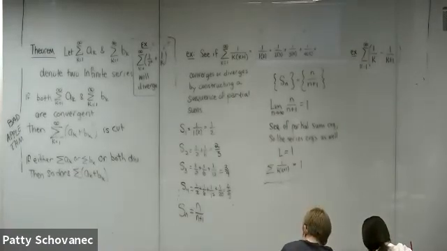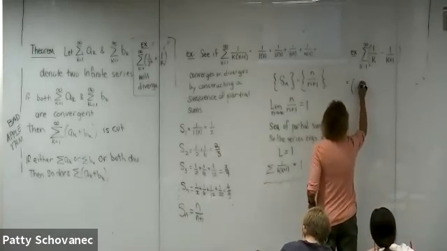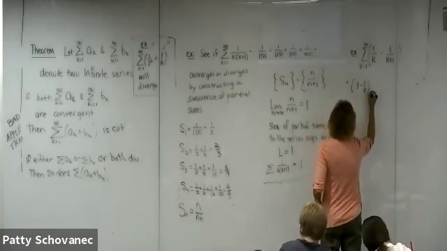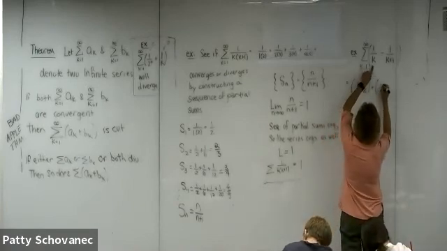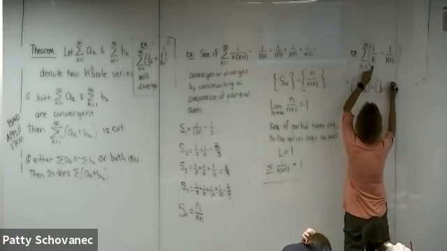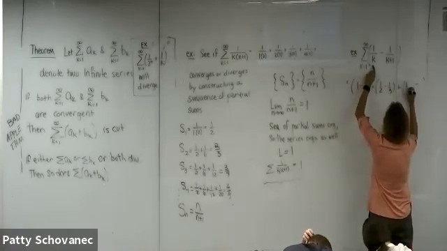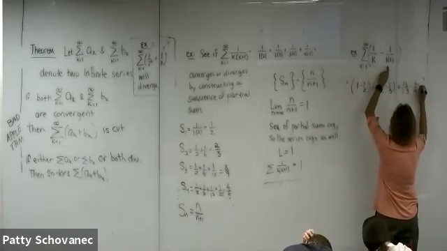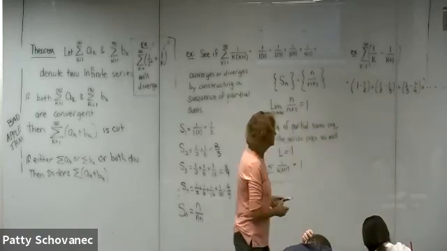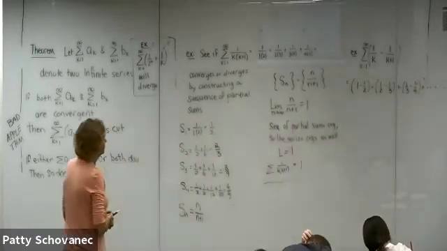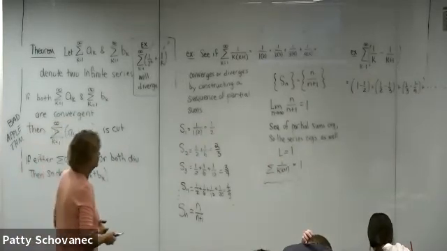So the terms in this thing look like differences. It looks like 1 minus a half. The next one, k is 2, is 1/2 minus a third. Now k is 3, 1/3 minus 1/4, and then that goes on forever. So S1 is just 1 minus a half.